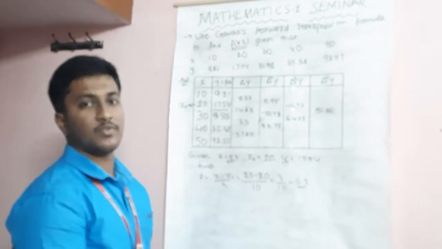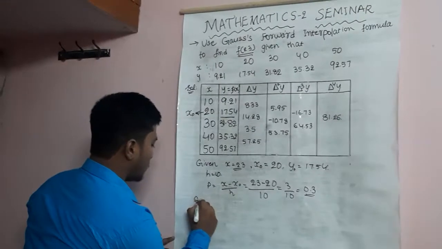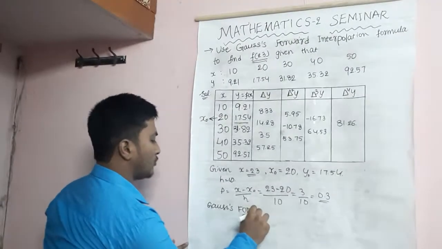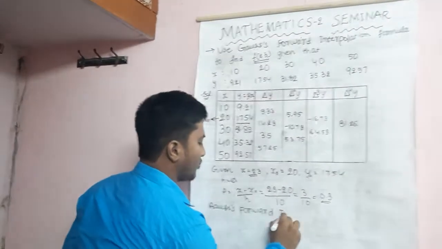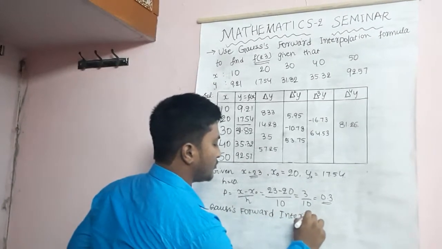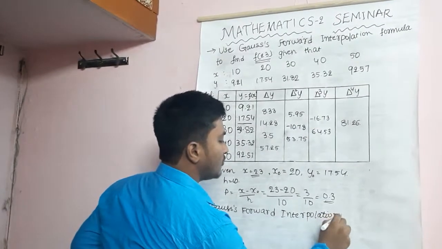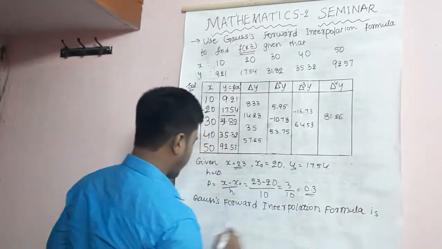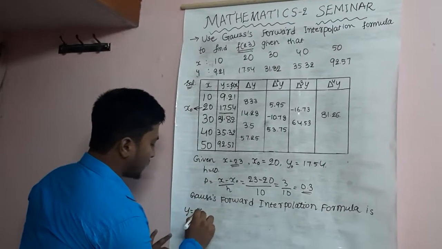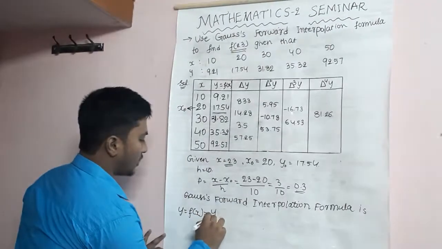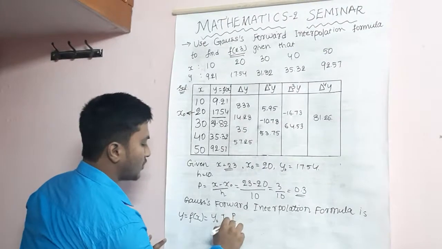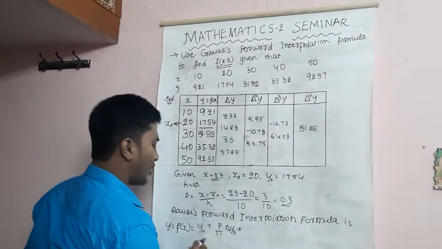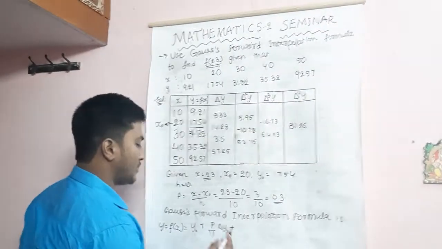Now note down the Gauss forward interpolation formula. It is given by y equal to f of x equal to y naught plus p by 1 factorial into delta y naught plus, as I have already told you, y naught will repeat twice, and similarly all the terms.